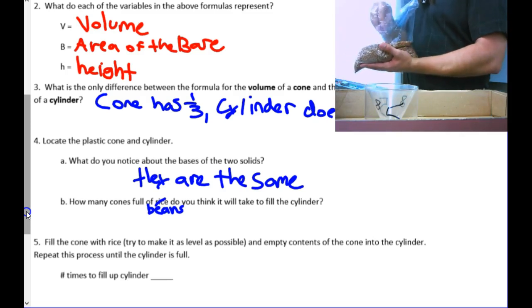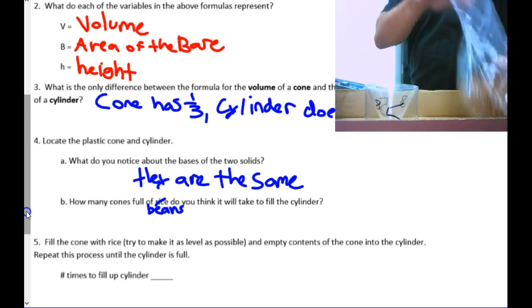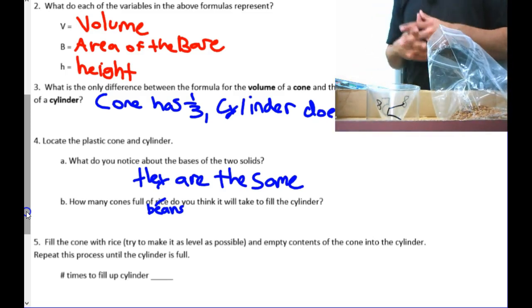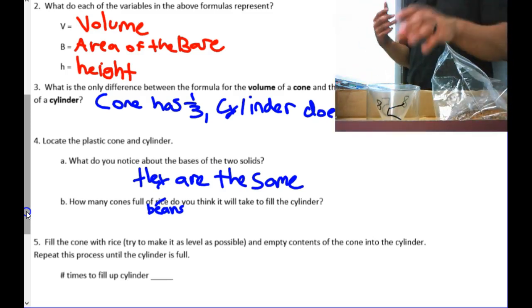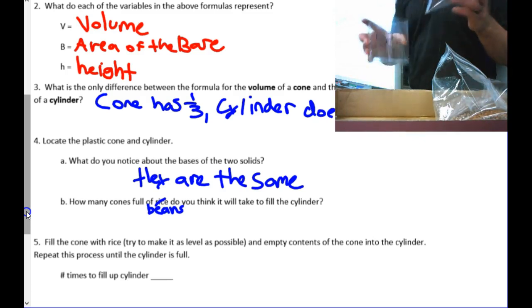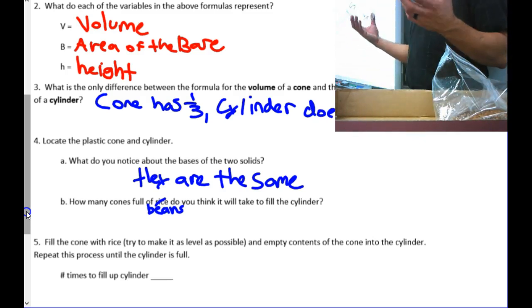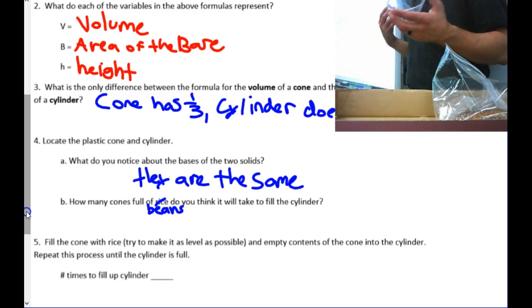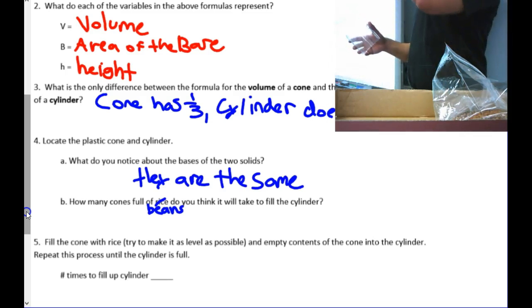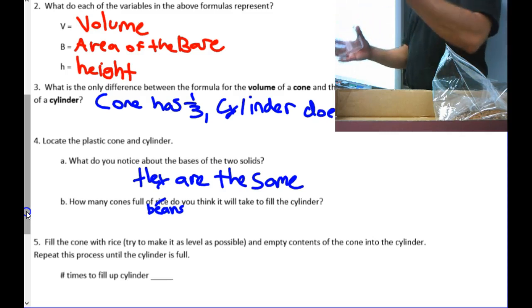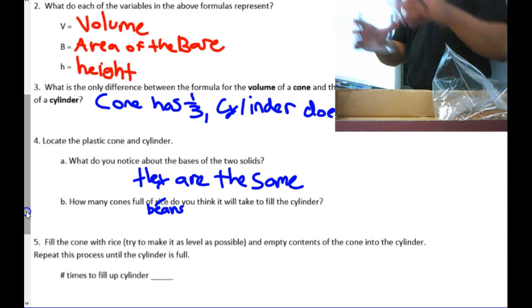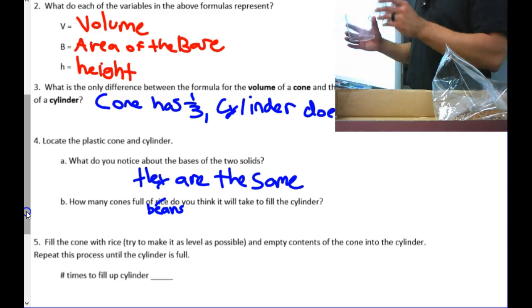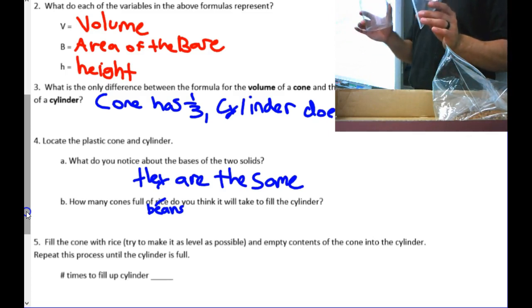So, we have these little beans, and what I'm going to do, like it says, is try to fill the cylinder with cones' worth of beans. So, let's take a guess. We're going to take a poll. All you got to do is raise your hands. If I fill this cone up and pour it into the cylinder, how many times do you think I can do that? Who thinks 2 cones fill a cylinder?